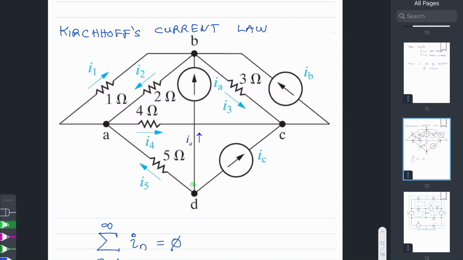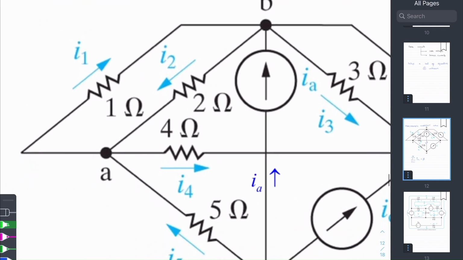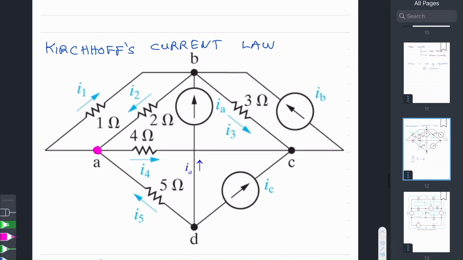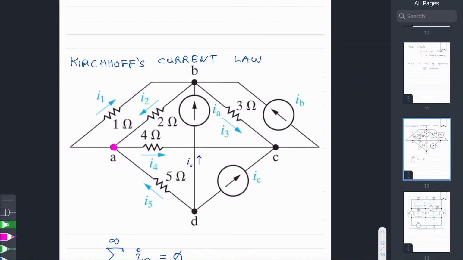Okay, so for example, it doesn't matter what node we look at. Let's take node A. Okay, if you look at the currents at that node and sum all of them, that would equal zero. Okay, so that's the canonical representation.